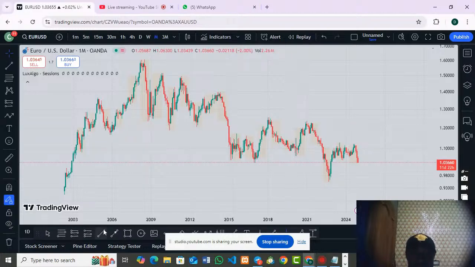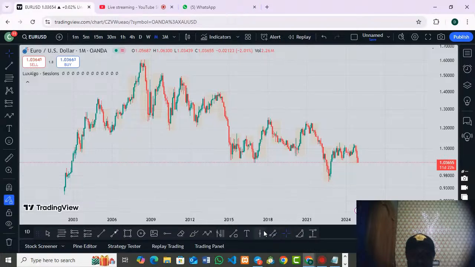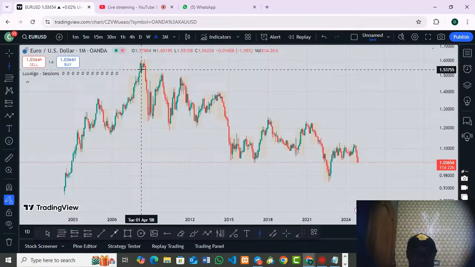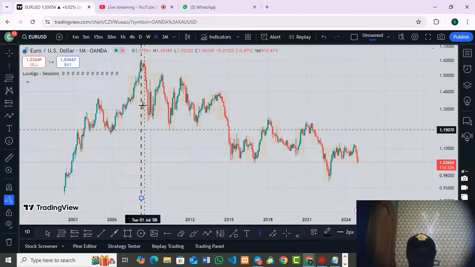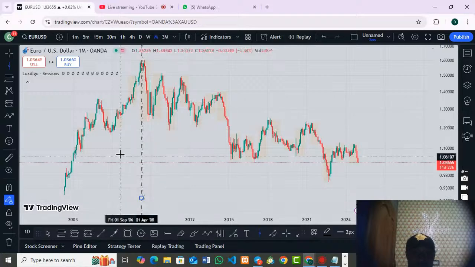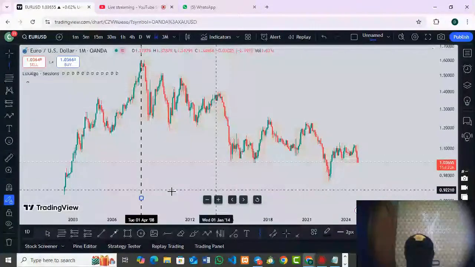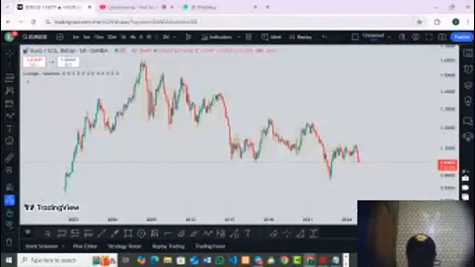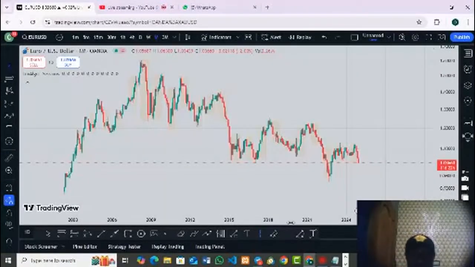If we use a horizontal line over here, this looks like a bullish flag. So first thing first, it tells me that price is definitely going to break out to the top side.